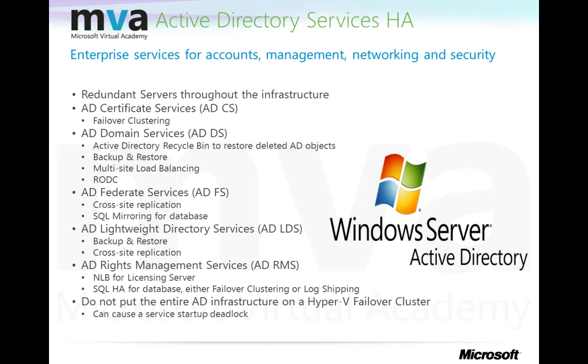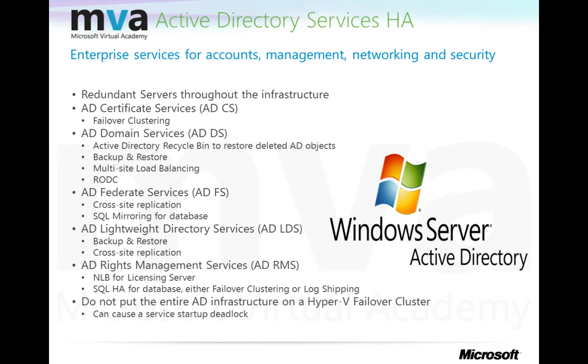Active Directory Lightweight Directory Services, or AD LDS, gives you two similar features as well. It has the same cross-site replication technology, but it also has some built-in backup and restore solutions that you can use to save the state of the database and then restore it at a later time if necessary.